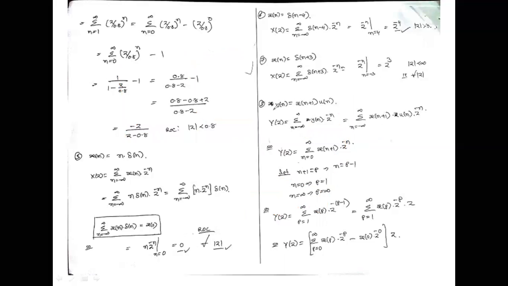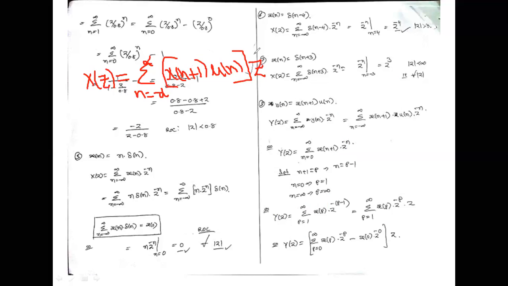Coming to y of n, here is another example: x of n plus 1 times u of n. I take the given function and substitute it into the z-transform definition: the sum from minus infinity to infinity of x of n plus 1 times u of n times z power minus n.